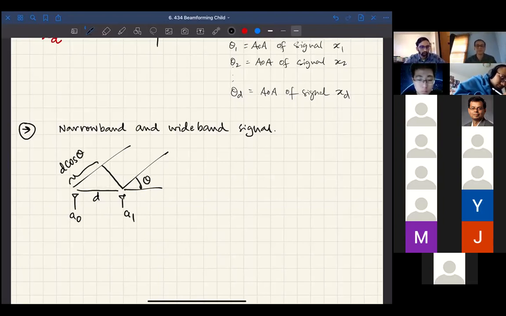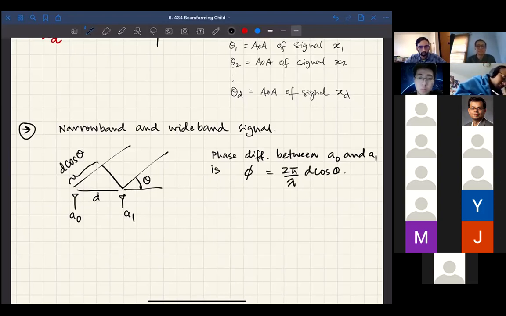You remember this, right? And we said that the phase difference between A0 and A1 is phi, which is 2 pi by lambda d cos theta.